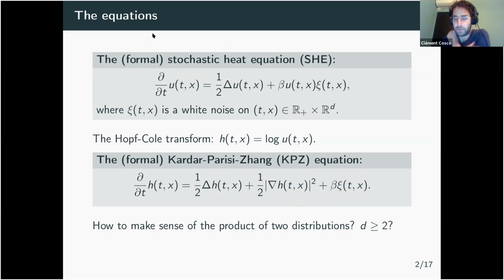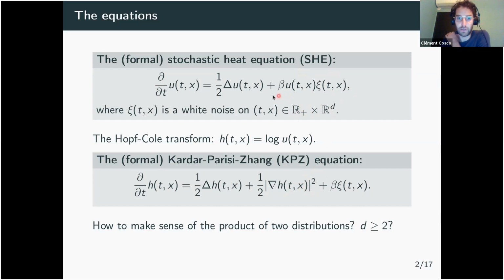It's not easy to make sense of this equation, except maybe in dimension 1 for the stochastic heat equation, because one of the problems is that you may end up multiplying two distributions. For example, if U is only defined as a distribution and Xi is only defined as a distribution, you may have to multiply the two, or here you may have to take a square of a distribution.